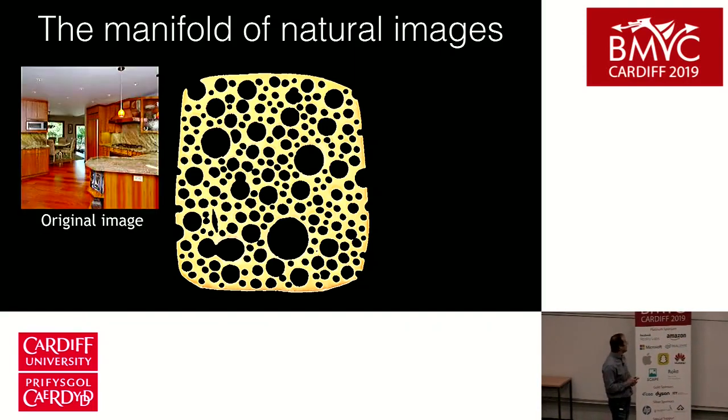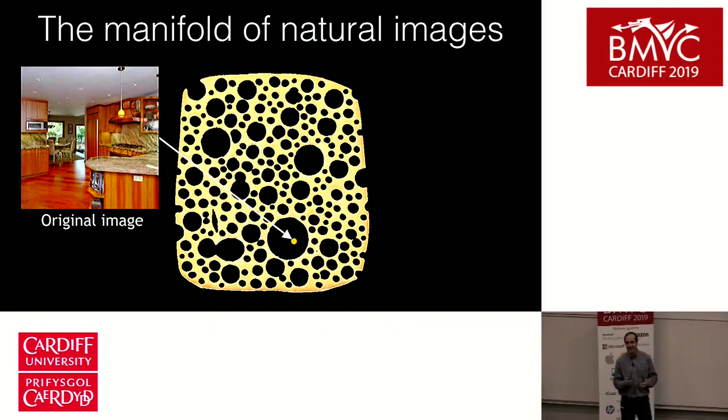So what is the problem now? That if I have a picture, the most likely thing is that this picture is going to land in some hole in this cheese space. So I'm not going to be able to render it because my GAN can only render things that have cheese in this space.